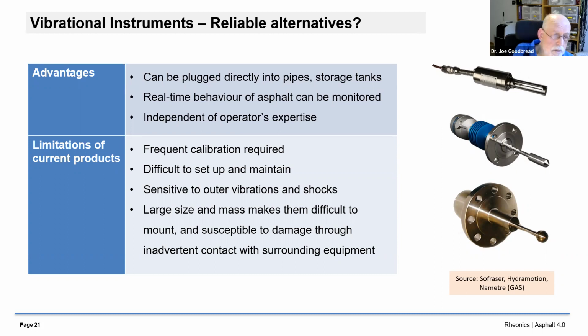However, most of these instruments are limited by the need for frequent calibration. They're relatively complicated to install because they tend to be very heavy, and you have to be careful that the measuring element is protected from contact with other equipment, because it's relatively fragile and easily damaged.